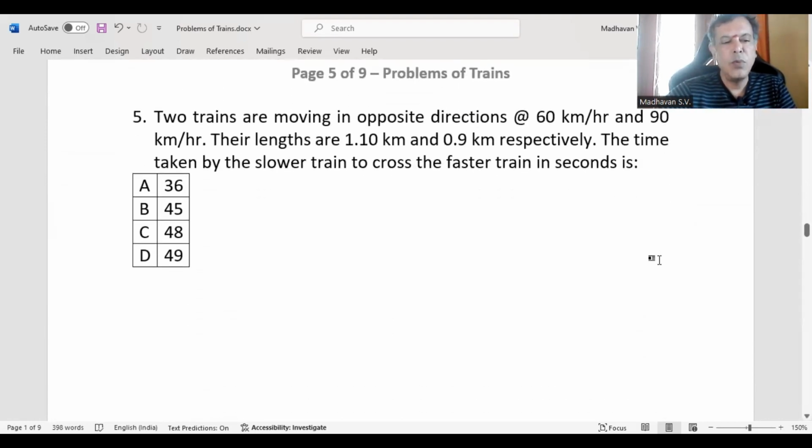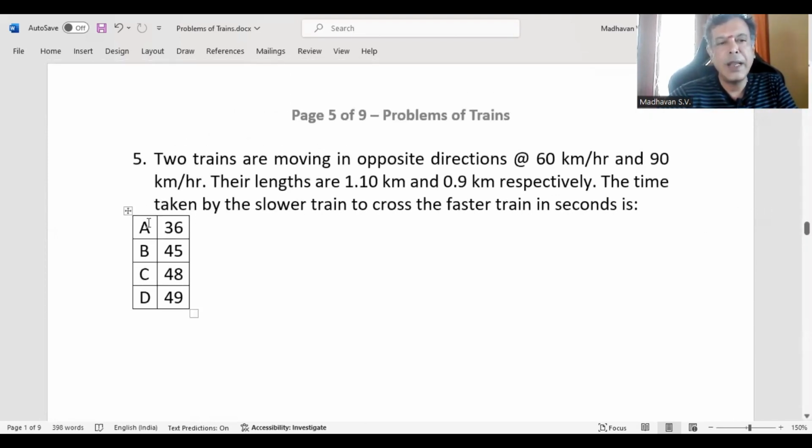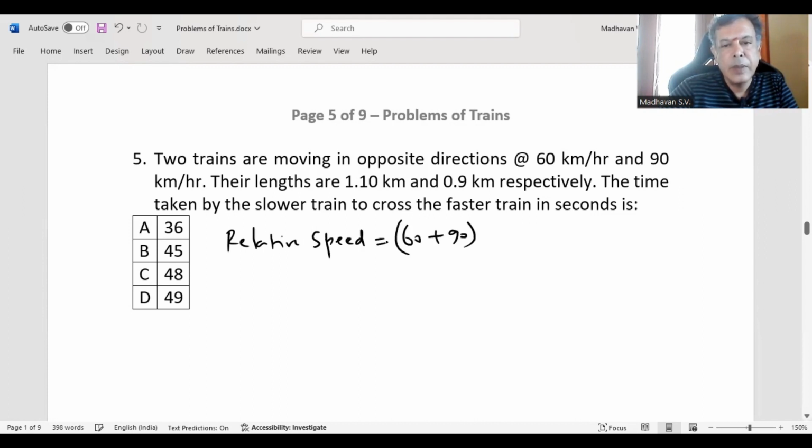Two trains are moving in opposite directions at 60 km per hour and 90 km per hour. Their lengths are 1.1 kilometer and 0.9 kilometer respectively. The time taken by the slower train to cross the faster train in seconds is what? So first of all, relative speed. Both the trains are moving in opposite directions, so the relative speed will be the sum of those two speeds, 60 plus 90 kilometer per hour.